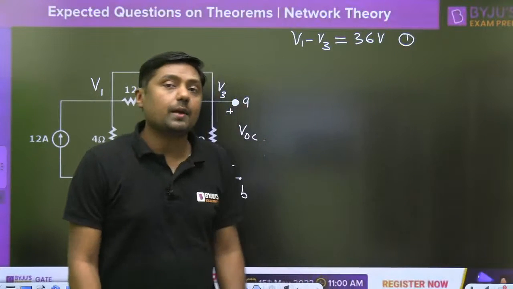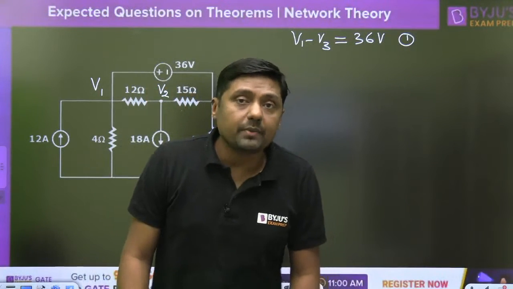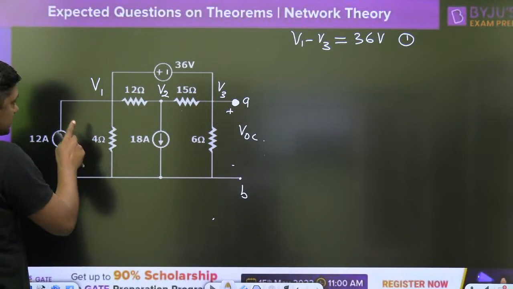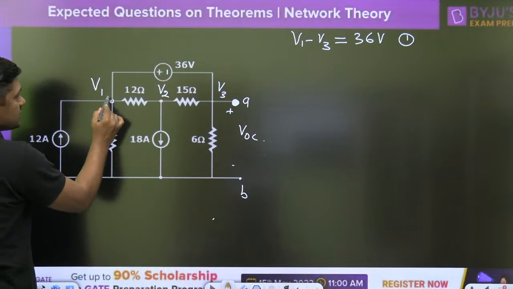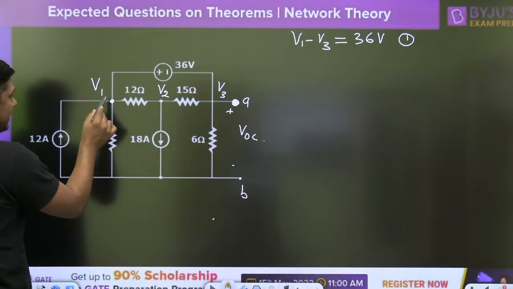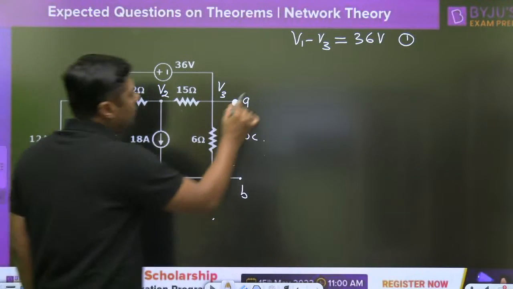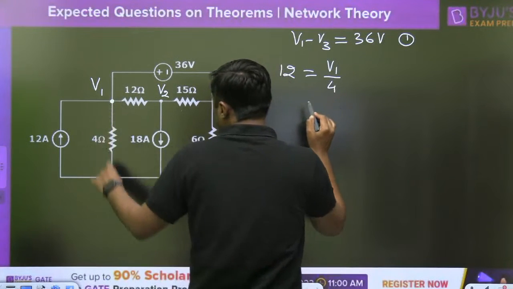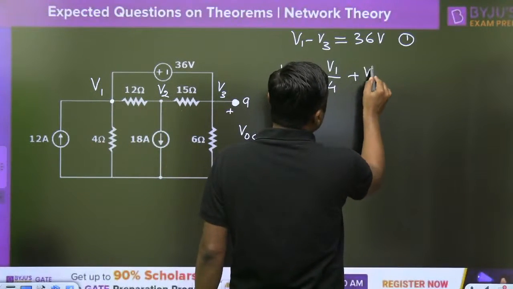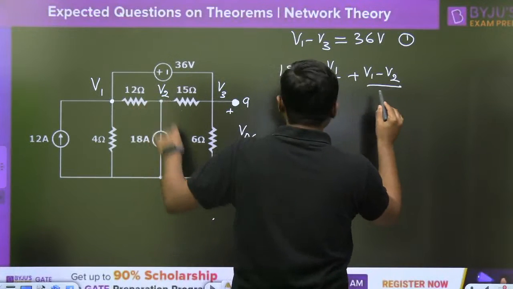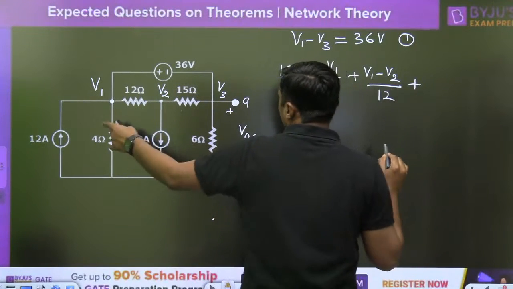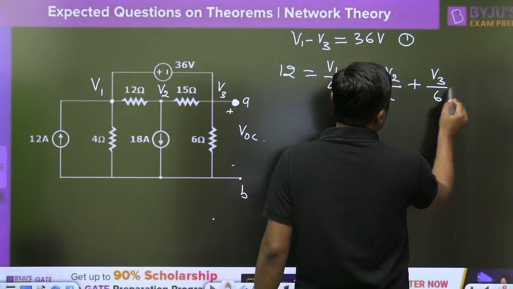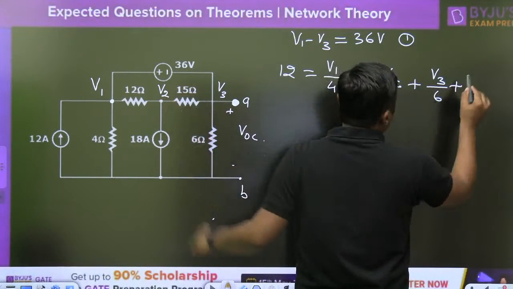How to find the VOC? I am giving you the concept of super node analysis. Now you can write the voltage at this point. When writing the super node equation, the incoming current 12 is equal to V1 minus 0 by 4, plus V1 minus V2 divided by 12, plus, at this node, V3 minus 0 by 6, plus V3 minus V2 by 15.